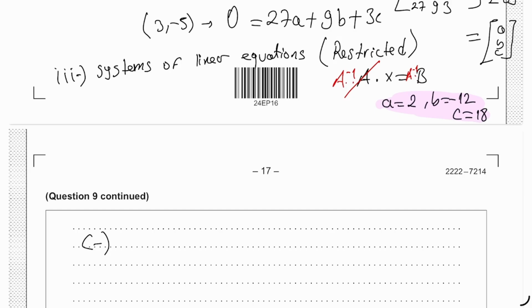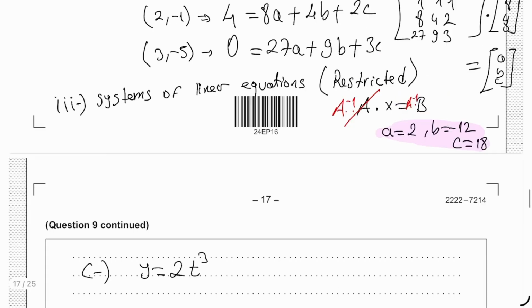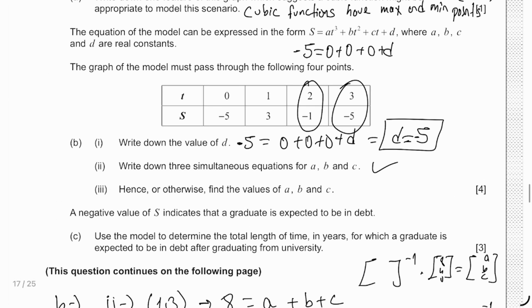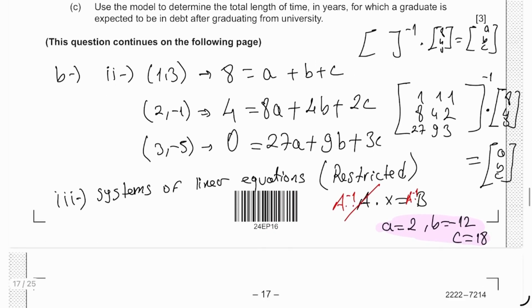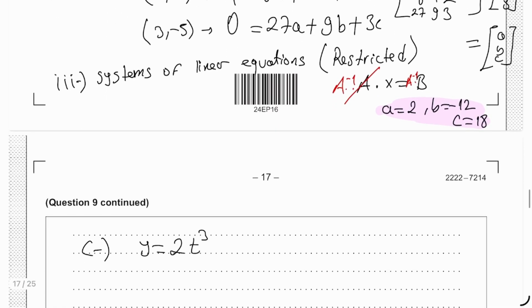Okay, A is 2, so y equals 2t cubed. I'm just replacing our values here, right? A is 2, B is minus 12, t squared, plus 18t, and D is minus 5.